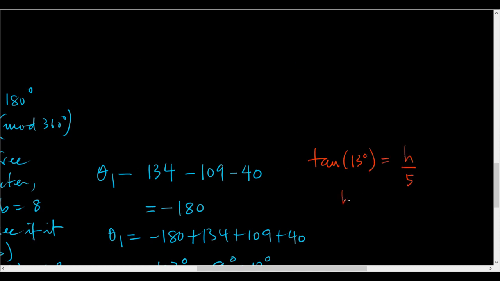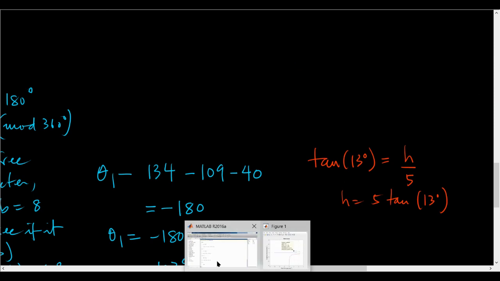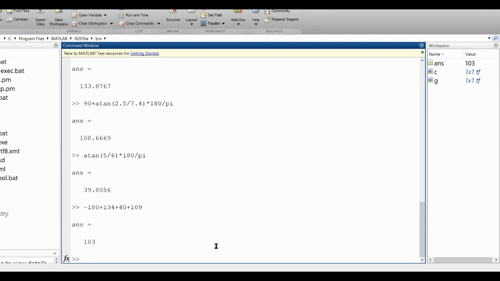H equals 5 times the tangent of 13 degrees. So I come here and I say 5 times the tangent of 13 times pi by 180, and that's 1.15.